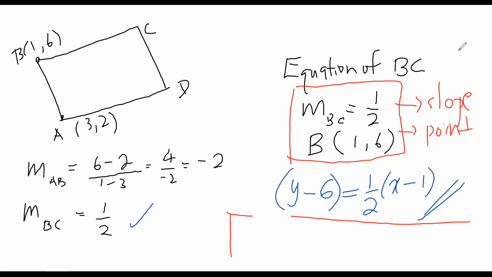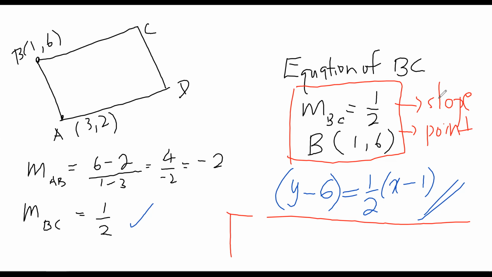Even if you do it this way, you would expand it and turn it into the y equals form. Why do you do that? That is my point. This is a standard form accepted as the equation of a straight line. The equation of a straight line need not always be written in y equals mx plus c form.